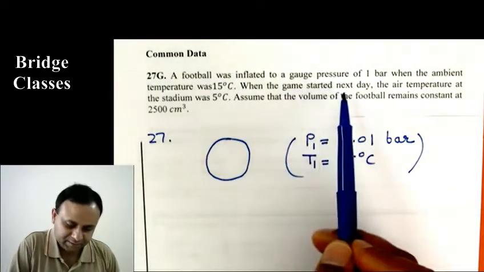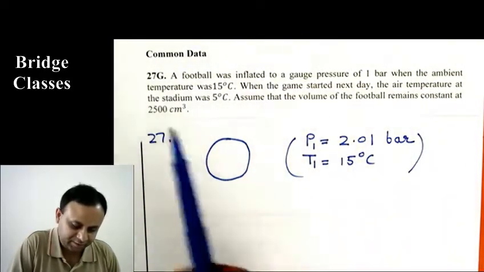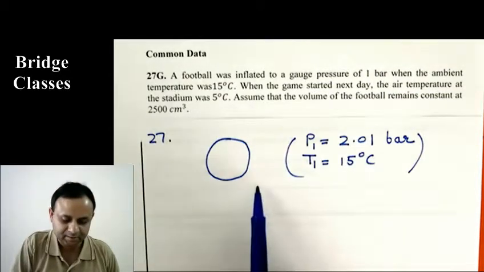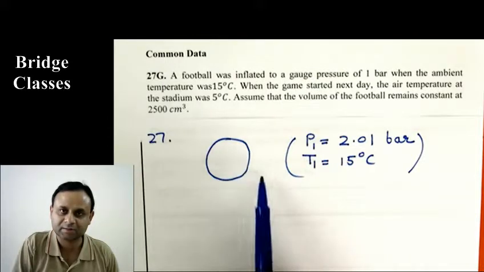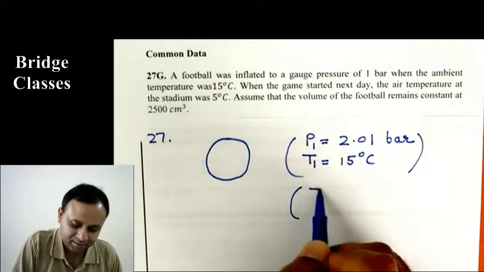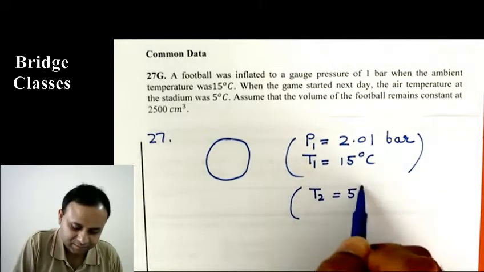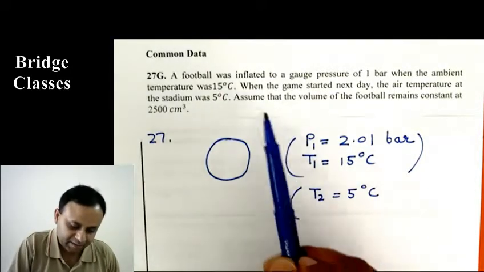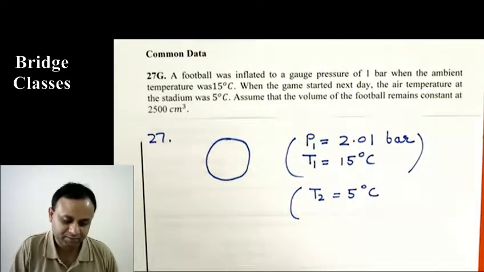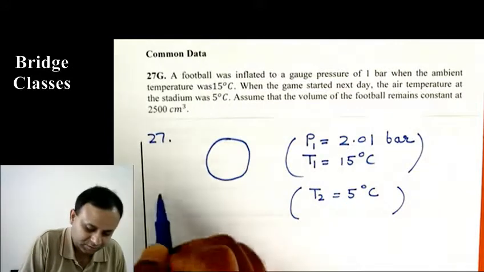When the game started next day, the air temperature at the stadium was 5 degrees C. So next day air is at 5 degrees C, that means the football also will be in thermal equilibrium, so it is also at 5 degrees C. Assume that the volume of the football remains constant at 2500 cubic centimeter. So it's a constant volume situation.